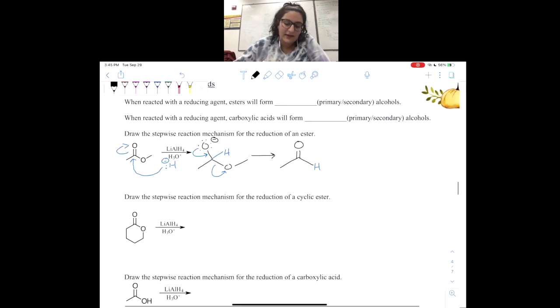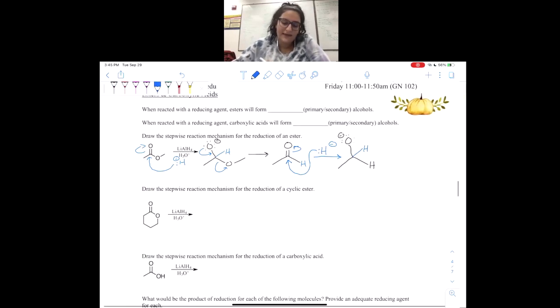And now that we've done this, we actually have more H- in solution. So it will go in and attack once more and give us something we've seen before.